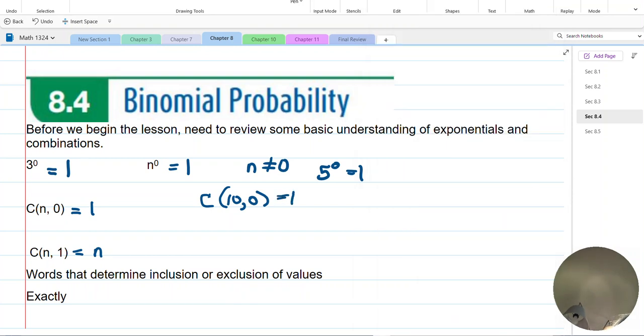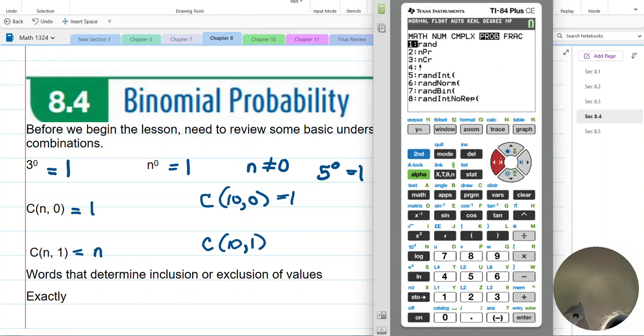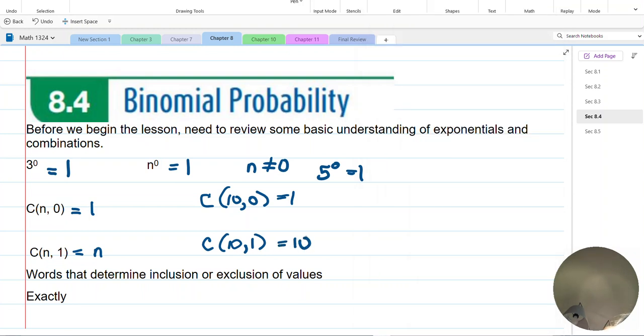So we can prove that one too. Then let's do this one: C of 10, choose 1. We should get 10. So we enter the 10 again, math, PROB, number 3, and put a 1. And I get 10. So these two concepts should be clear in your mind.